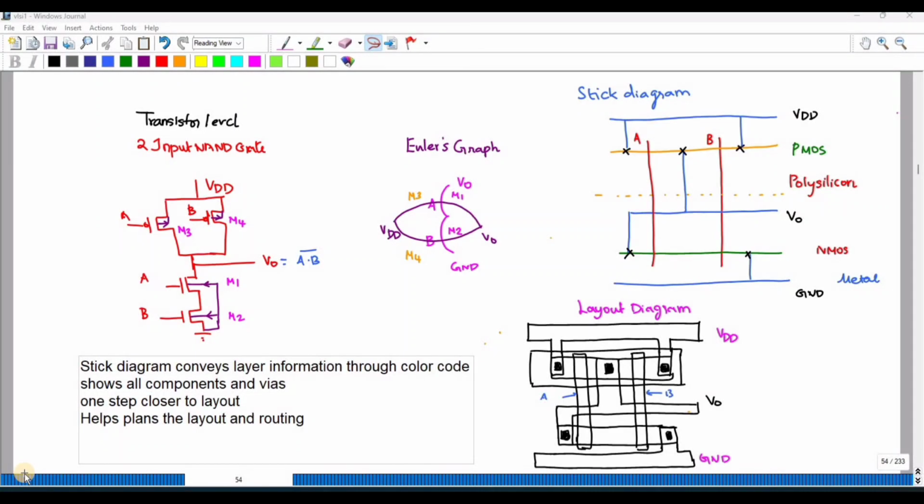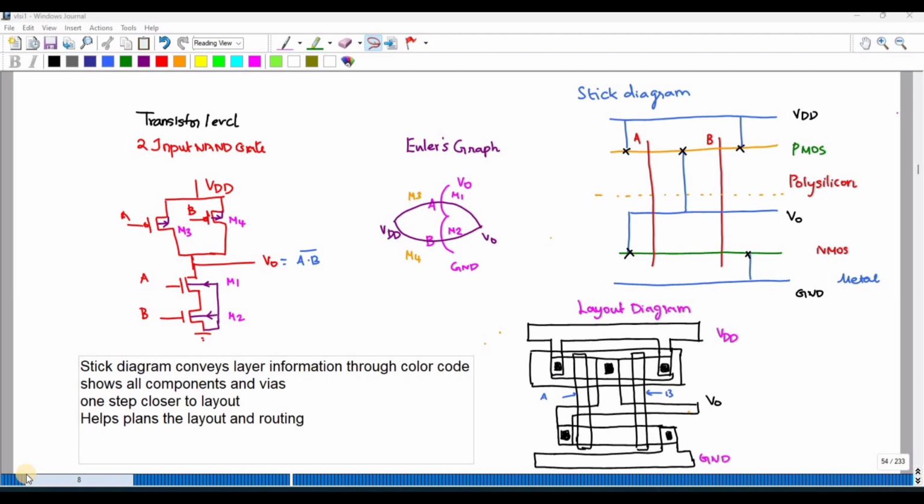So in this video we are going to discuss the stick diagram for combinational circuits. We know that the stick diagram conveys layer information through color code.